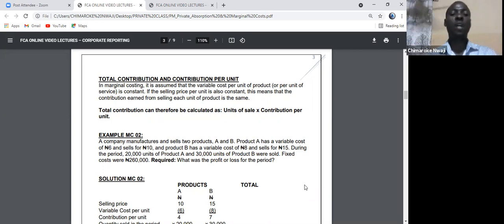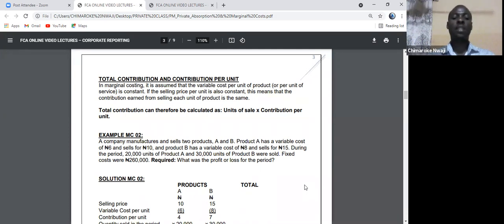Therefore, total contribution can be calculated when we have our contribution per unit. We simply say the total volume of sales we made multiplied by that constant contribution per unit. That will give us your total contribution.